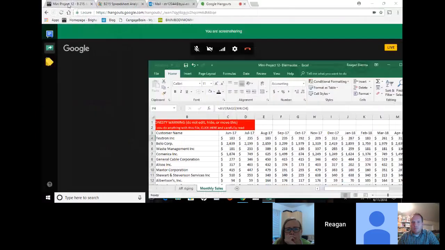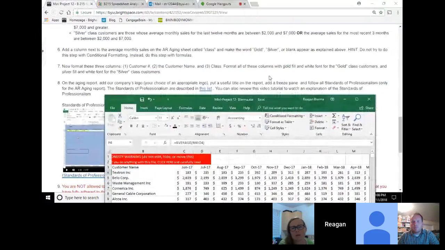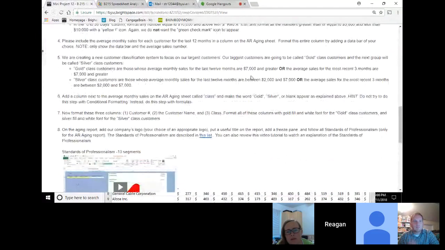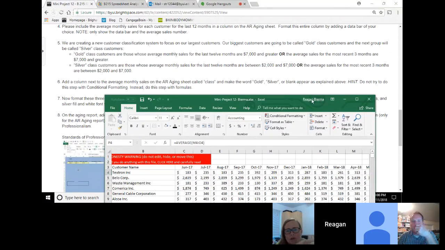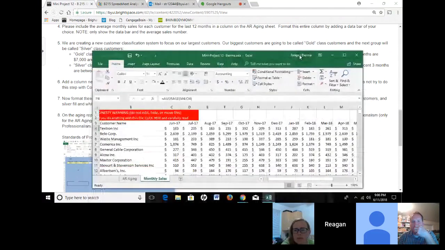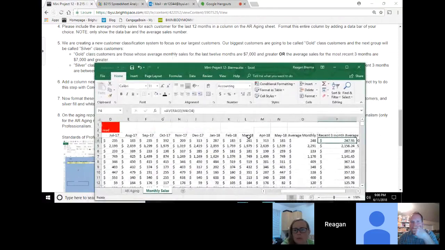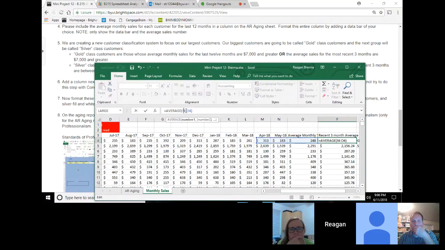But Reagan, if you look at your formula, it's wrong. Because you got M through O, and M is April. So you have April, May, and your average monthly. So you're going to have to do L through N. Oh, man. I didn't average that. I summed it up.